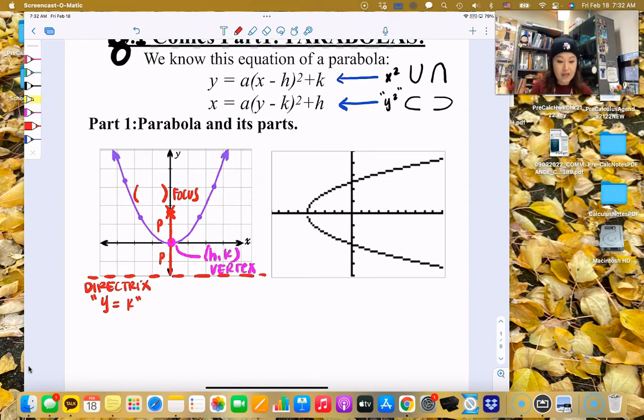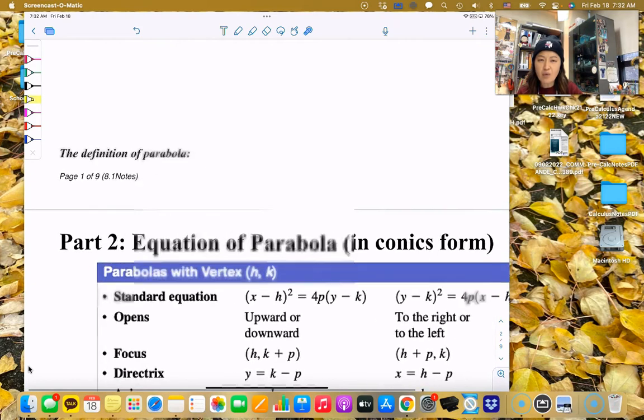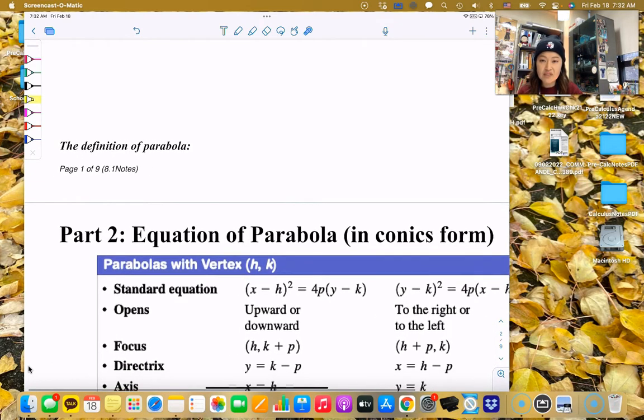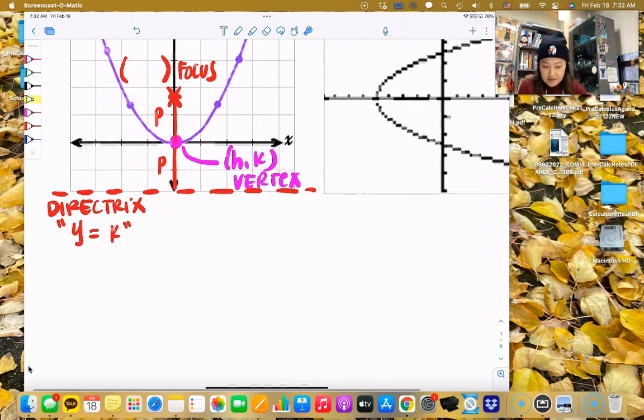Let's see what else. Again, what is the definition of a parabola? Let's actually write that at the bottom here. Definitions are going to be very important and play a big role in this unit, so we're going to actually spell it out, okay? The definition of a parabola is this.